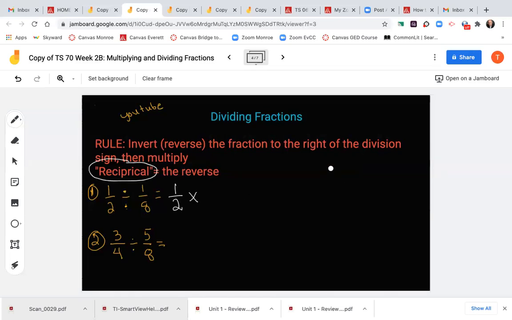So just to clarify, the reciprocal of 1/2 equals 2/1, it's the reverse of it. The reciprocal of 2/3 equals 3/2. It's just flipping it upside down. So in the case of 1/2, times the reverse of 1/8, which is 8/1.